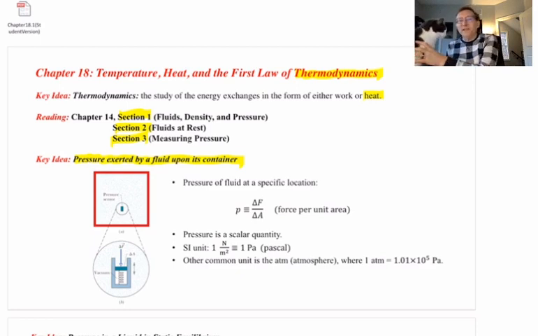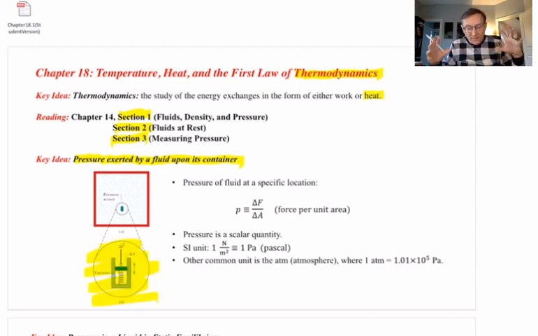Let's devise just a simple little pressure sensor that we could use to measure pressure. And it's drawn down here, in the bottom part of our picture, in an expanded view of the interior of the gas.